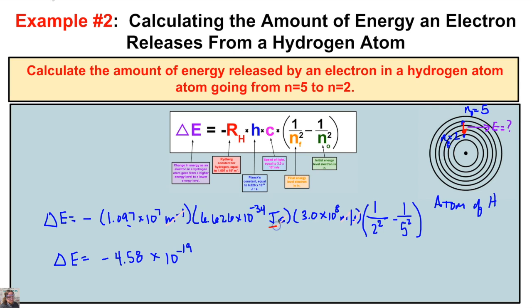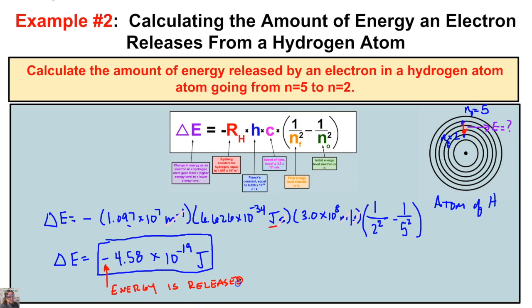So the unit that we are going to put on our change in energy is joules. And because the sign of our change in energy is negative, that means that energy is released.